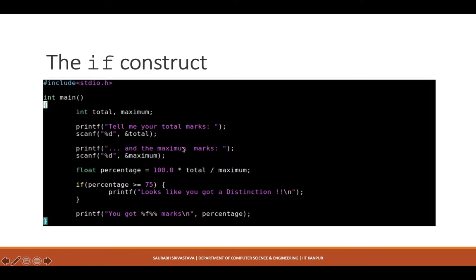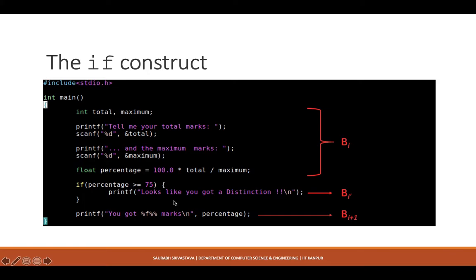I'm trying to calculate some percentages, and so I take the total, I take the maximum, and then I just try to calculate the percentage of this person, and I say that if the percentage is greater than 75, just print an additional message. Okay, so this, you got these many percent marks, will be printed irrespective of whether this person had 75% marks or not. But if this person had 75% marks, I also want an additional statement, right?